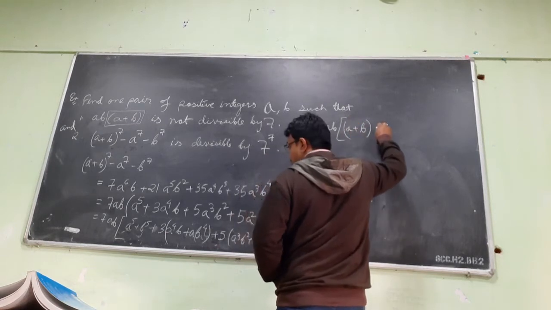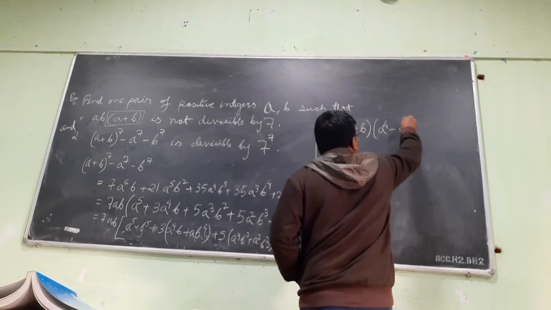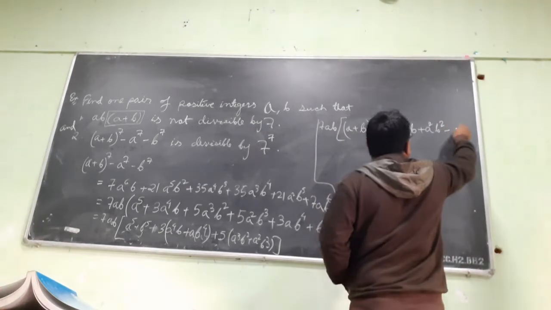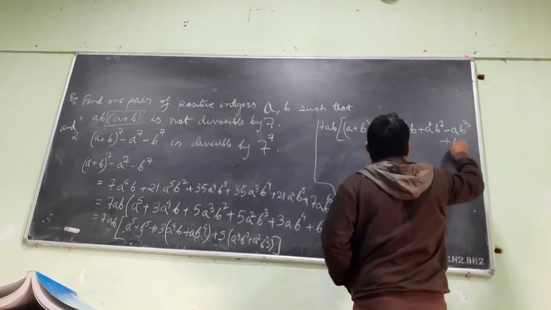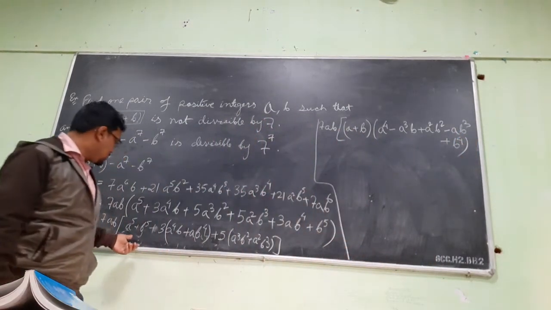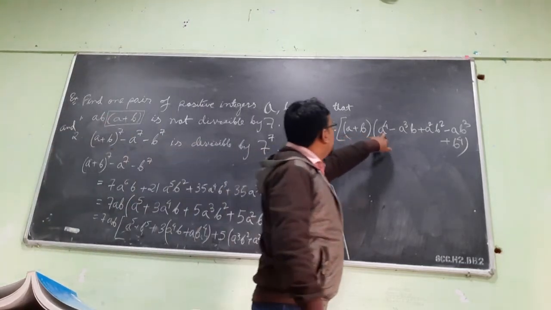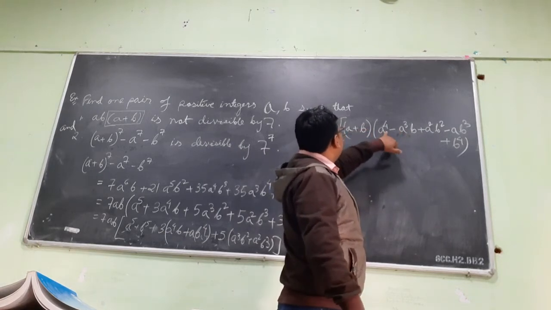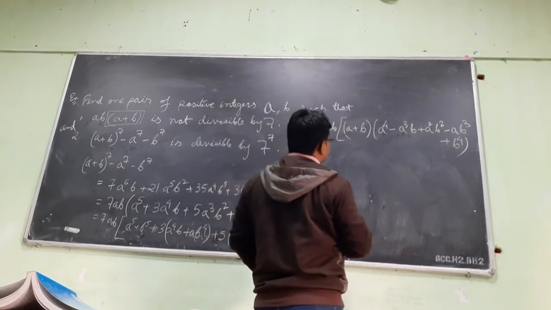That is a plus b into a to the power 4 minus a cube b plus a square b square minus a b cube plus b to the power 4. We can always write it if the power is odd. See, a to the power 5, then a to the power 4b minus and a to the power 4b plus, that will get cancelled. So we can write it like this.